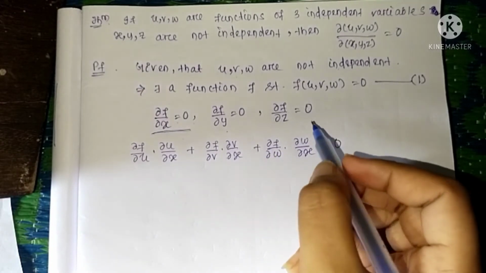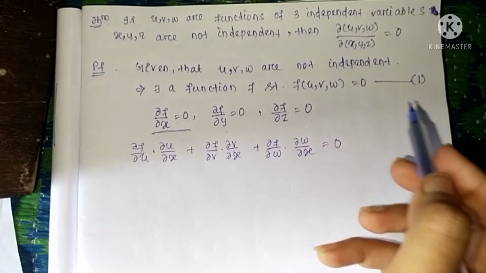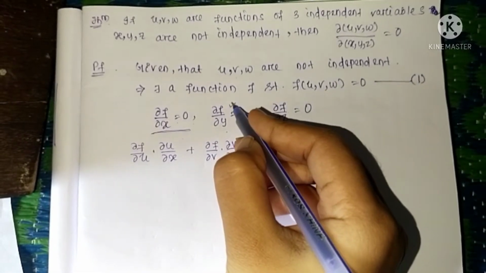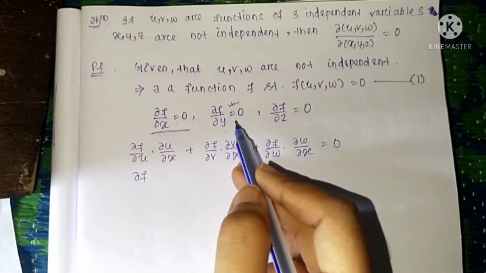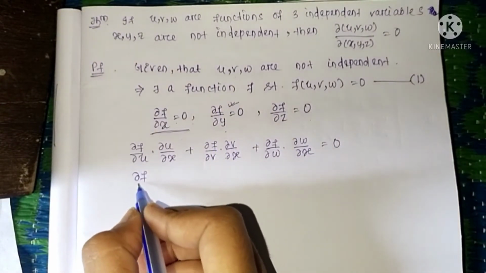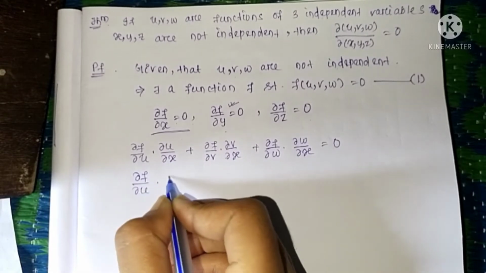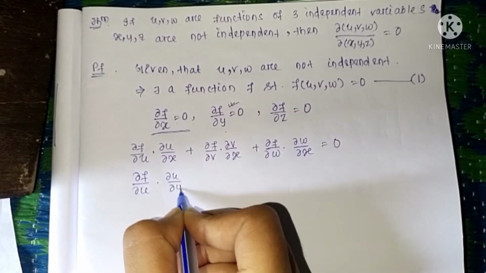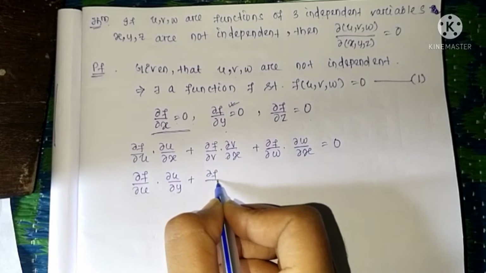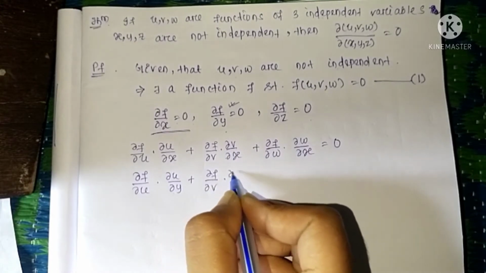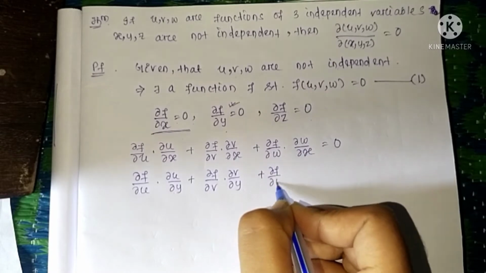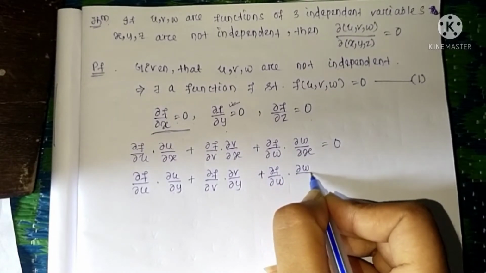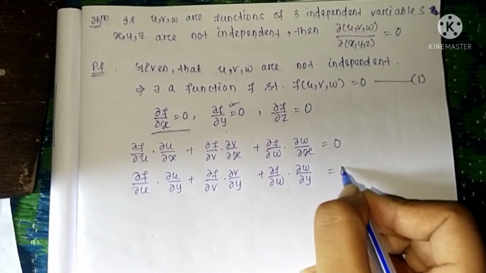As it is given to be a function of three variables, in the second we apply the chain rule in del f by del y equals 0. Here we get del f by del u into del u by del y plus del f by del v into del v by del y plus del f by del w into del w by del y equals 0.